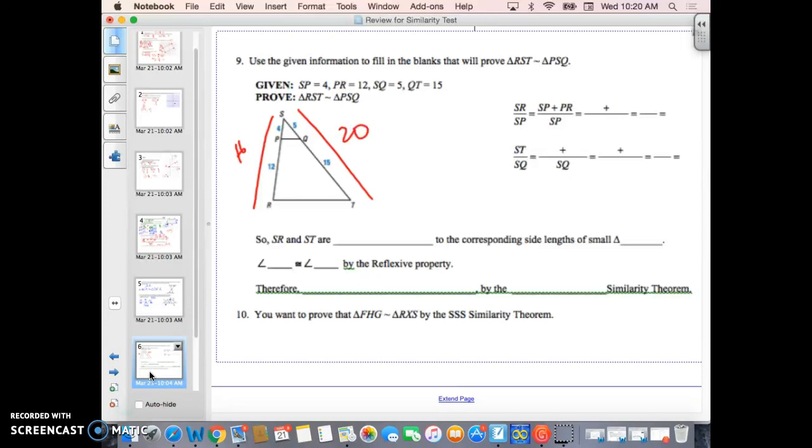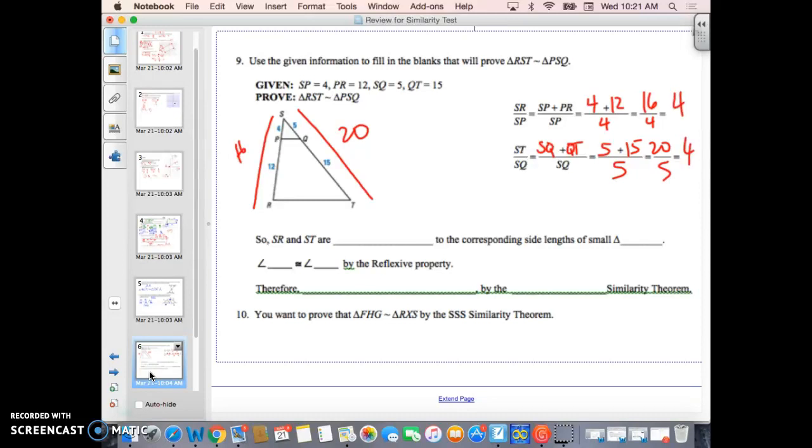So you're going to do SQ plus QT, so this is 4 plus 12 over 4. So it's 16 over 4. And this would be 5 plus 15 over 5, which is 20 over 5. And both of them equal 4.